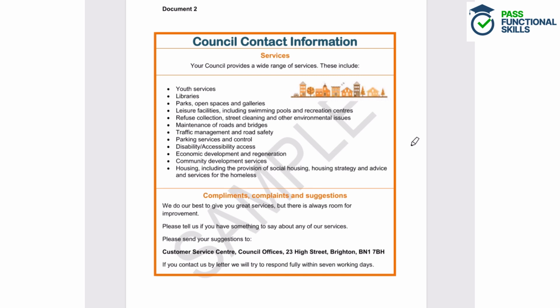These include youth services, libraries, parks, open spaces and galleries, leisure facilities including swimming pools and recreation centres, refuse collection, street cleaning and other environmental issues, maintenance of roads and bridges, traffic management and road safety, parking services and control, disability accessibility access, economic development and regeneration, community development services, and housing, including the provision of social housing, housing strategy and advice and services for the homeless.